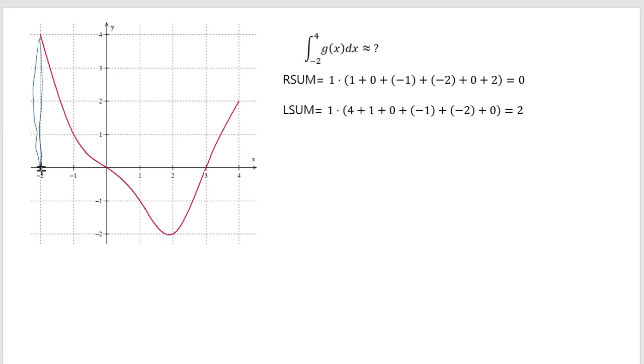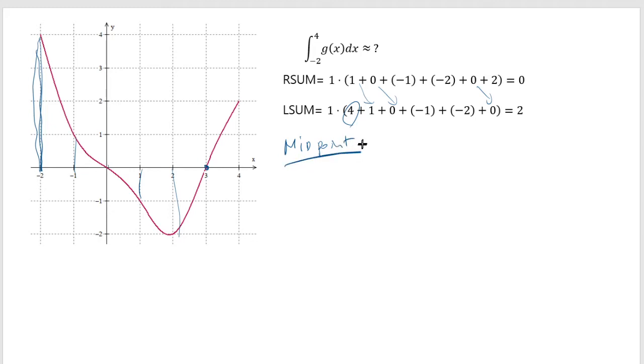That's the left endpoint, so that's going to be 4, right? And then the rest of the values are the same, and you omit the last one because the last one is the right endpoint, not the left endpoint. So we just stop here. All these values are computed and added up, and times delta x. Our delta x is just 1, so it doesn't do anything. So you get 2.